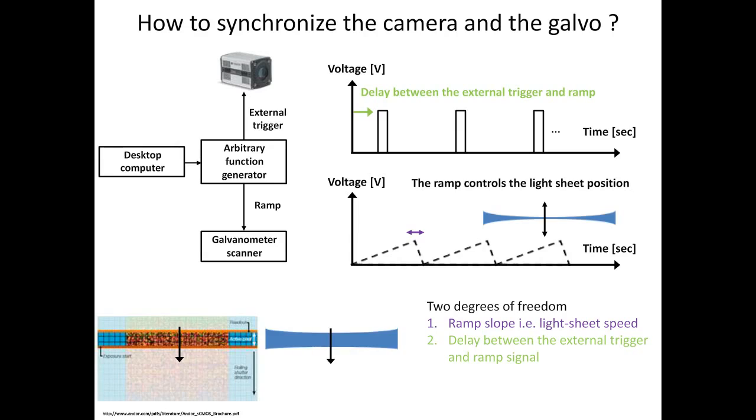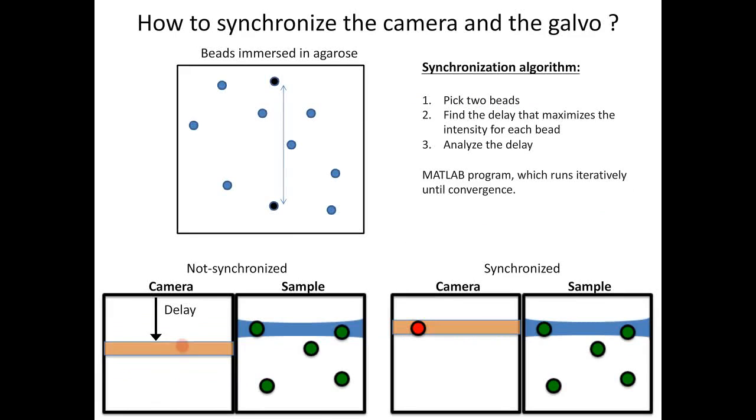What you really want to do is to synchronize the light sheet and the exposure window, as you can see over here. In order to do that, you have 2 degrees of freedom: the ramp slope, which controls the galvo speed, or the delay between the external trigger and the ramp.